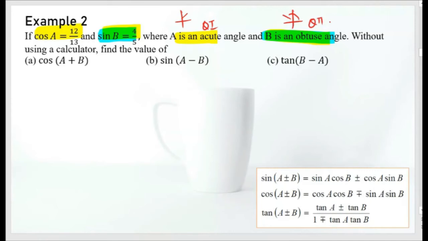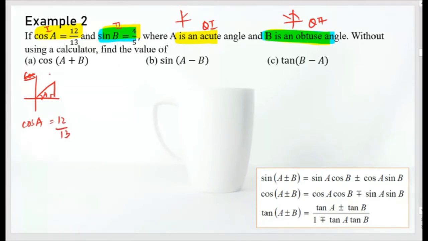Okay, quadrant 2. So it means that cos A is in the first quadrant, sine B is in the second quadrant. We have to draw out first. Cos A, this is your A, first quadrant, right? Cos A is given as 12 over 13.